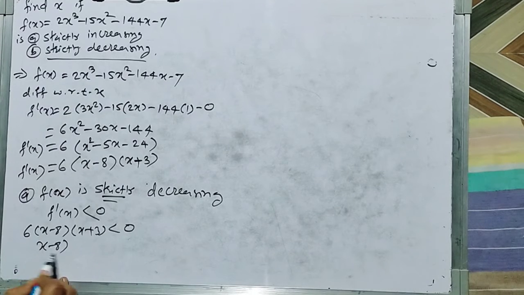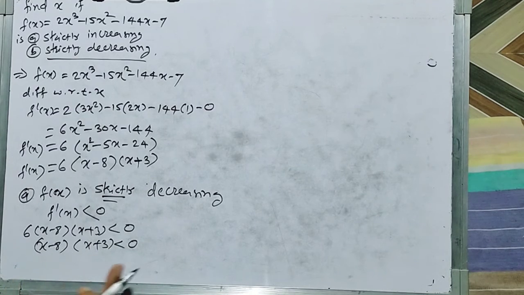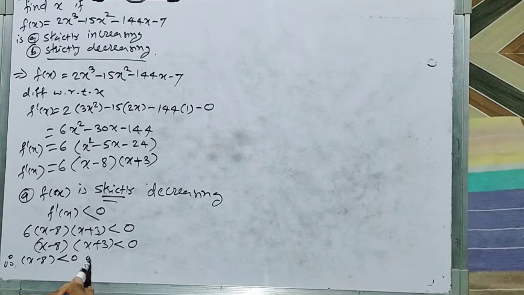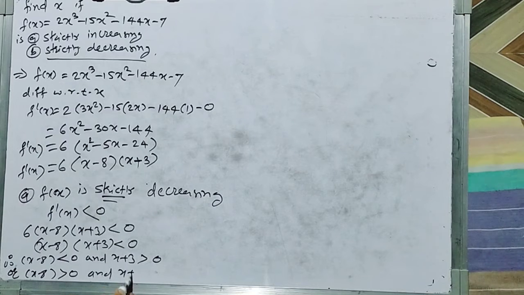It means x minus 8, x plus 3 is less than 0. Product of two terms is negative. It means one of them is negative. So therefore x minus 8 is less than 0 and x plus 3 is greater than 0, or x minus 8 is greater than 0 and x plus 3 is less than 0.